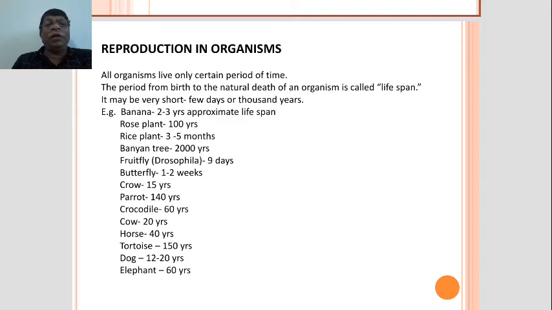If we examine the animals' lifespan, fruit fly, its scientific name is Drosophila melanogaster, which completes its life cycle within 1 week or 10 days.